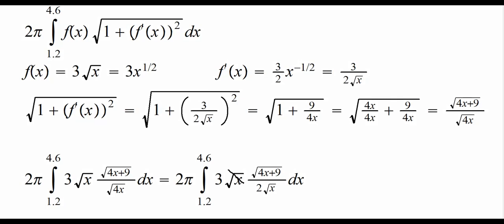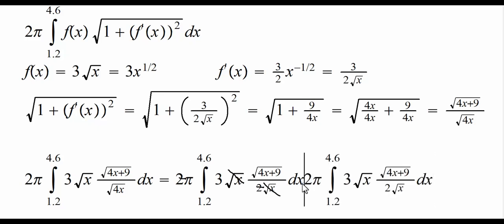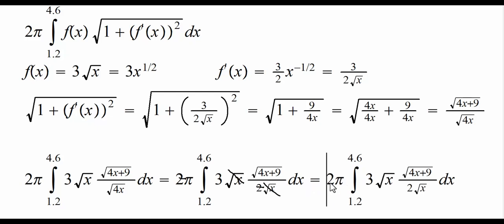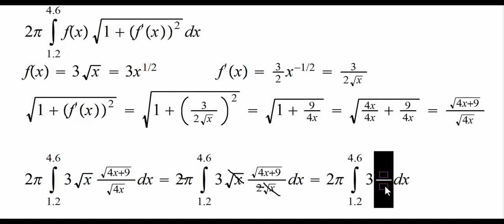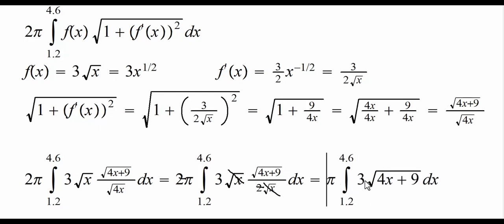This square root of x will cancel this square root of x, and this 2 will be cancelled by this 2. So it just simplifies to this, and let's pull this 3 out.